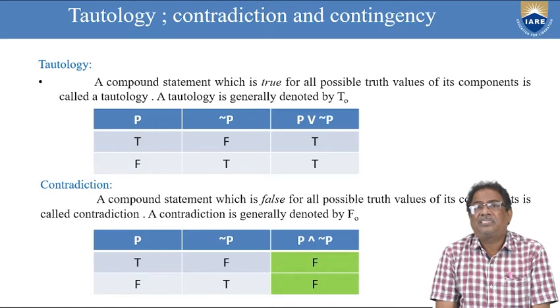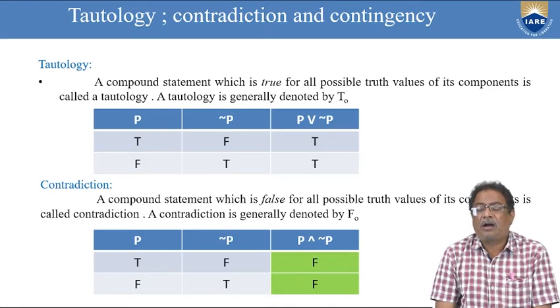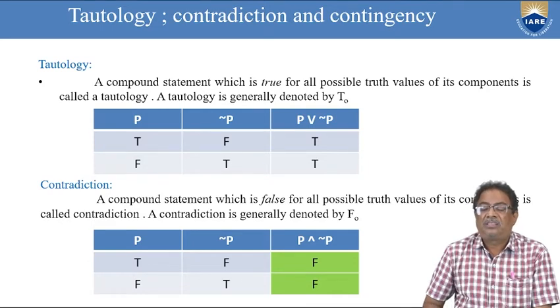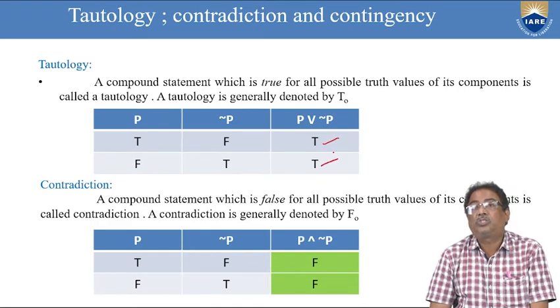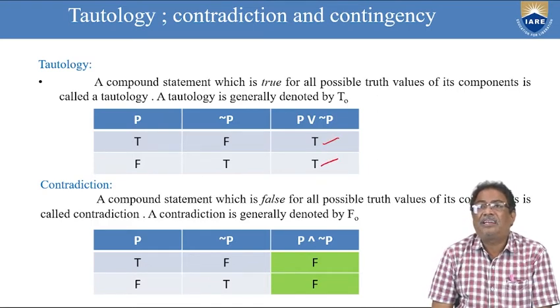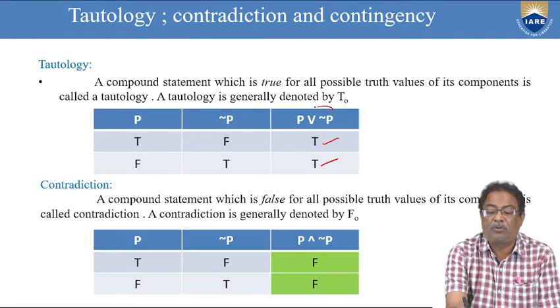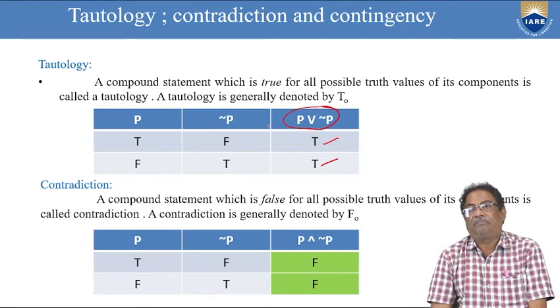In a situation where, in all the combinations of truth values of the given propositions, the resulting compound proposition is true, then we can say that the compound proposition is a tautology.